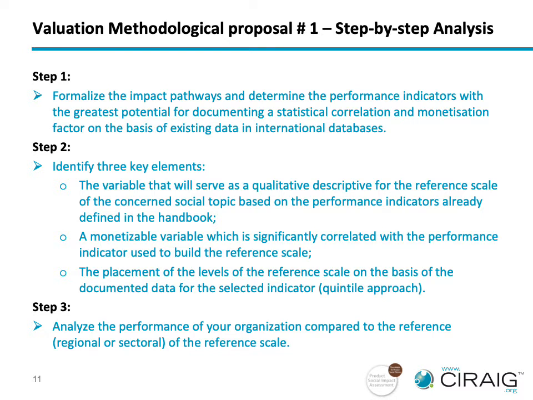It is important to say that this last sub-step must imperatively, if possible, respect the logic of the level of compliance, level 0, set by the reference scale and predefined in the handbook.